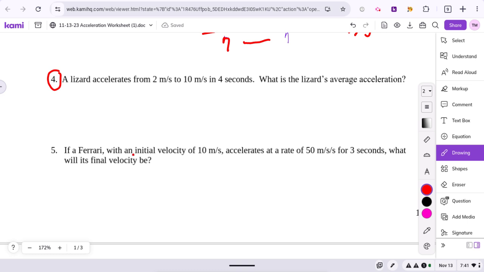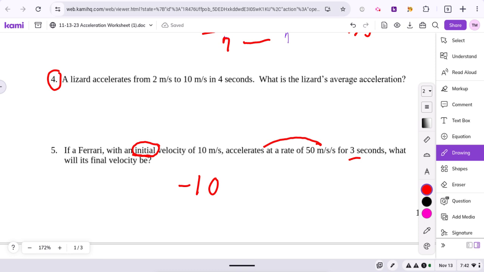And remember, it gives you the initial velocity for this. So you can plug in the initial velocity. It tells you the rate. And it tells you how long that happens for, 3 seconds. This one's a little bit different though. It tells you the initial velocity and it tells you it speeds up at a rate of 50 meters per second for 30 seconds.